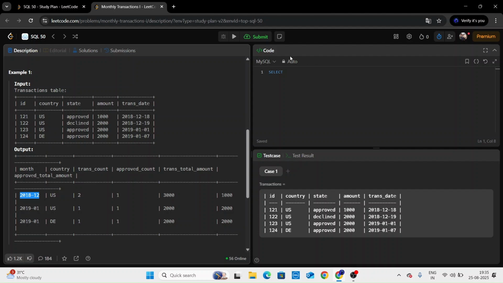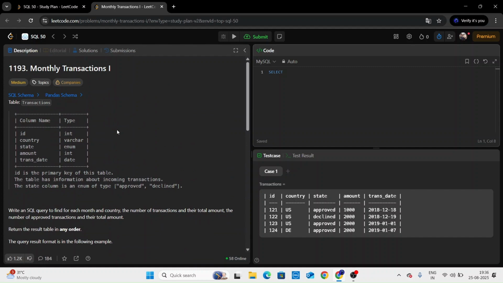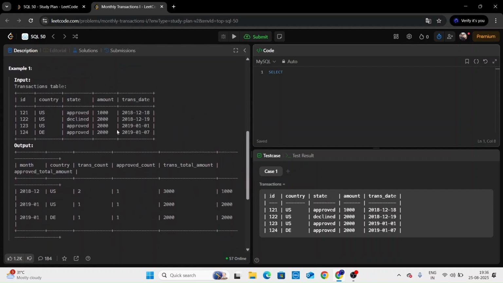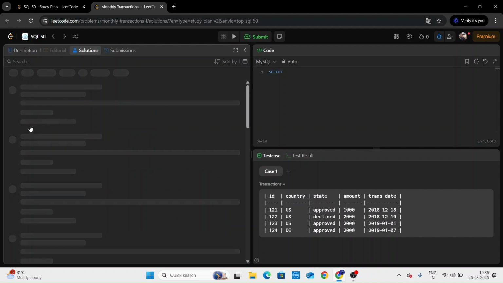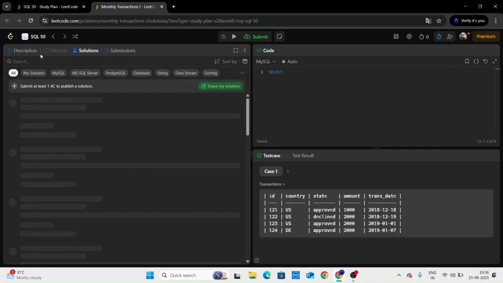How to do that? Some string function, I think, but I have never learned about any string function. I just need to see the solution and learn it. Okay, let's view the solution first.